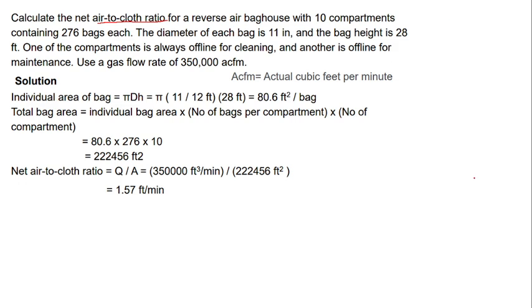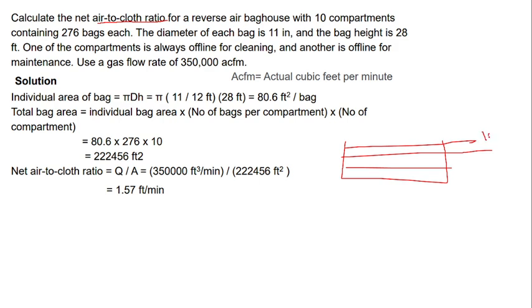So this is a bag filter. It is very simple. It has many compartments like this. There are 10 compartments and it has many bags like this. The number of bags is 276.